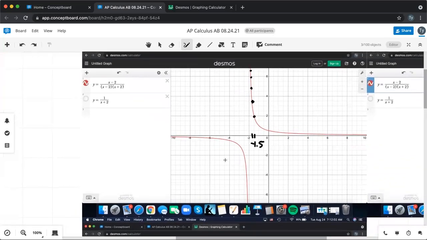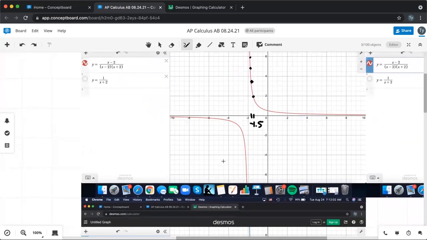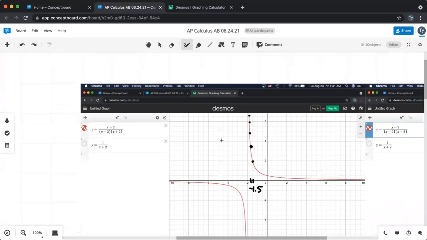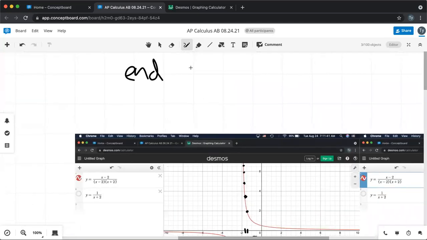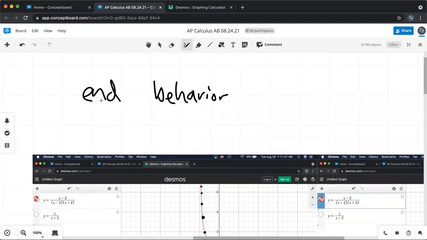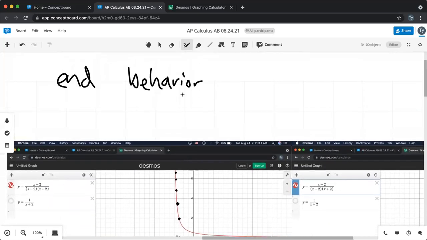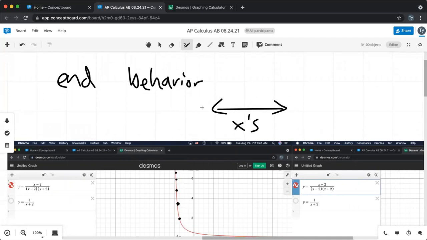Another thing, and then we'll wrap it up. I just want to briefly mention something called end behavior. This is actually pretty appropriately named compared to some other things in math that are inappropriately named. End behavior is how the function behaves going off towards the ends. And in this case, we mean the x's as the ends.